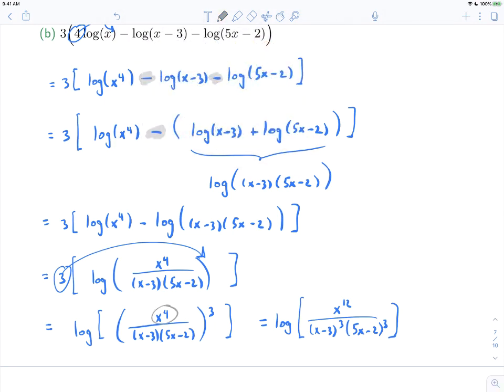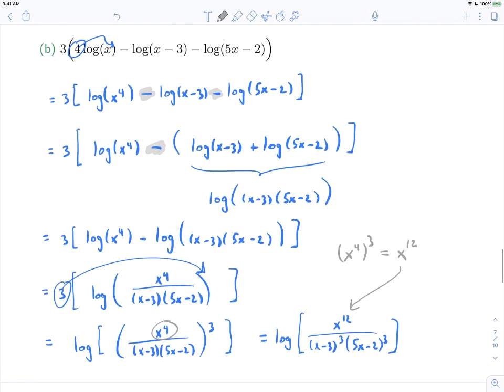Remember, x to the 4 raised to the 3 is like multiplying the exponents together, so that's x to the 12. That's where that x to the 12 comes from. So now we've taken all of these logarithms and combined them into just one logarithm. A logarithm of a complicated expression, but it's just one logarithm.